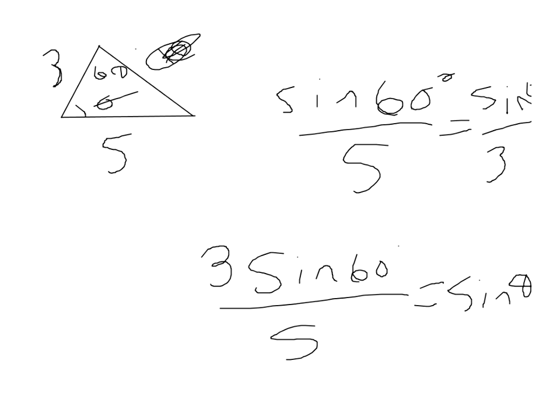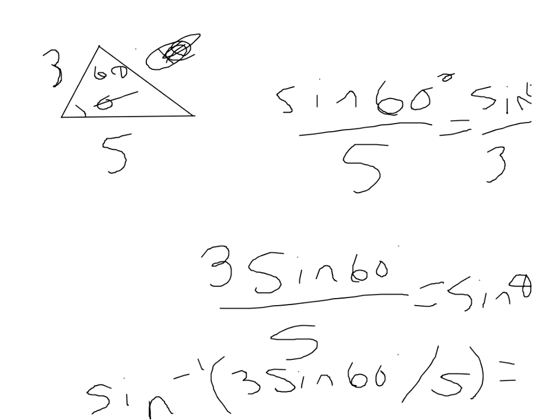We take the inverse sine of both sides, so I get inverse sine of 3 sine 60 degrees divided by 5, and that is 31.31. So that angle right there is 31.31 degrees.